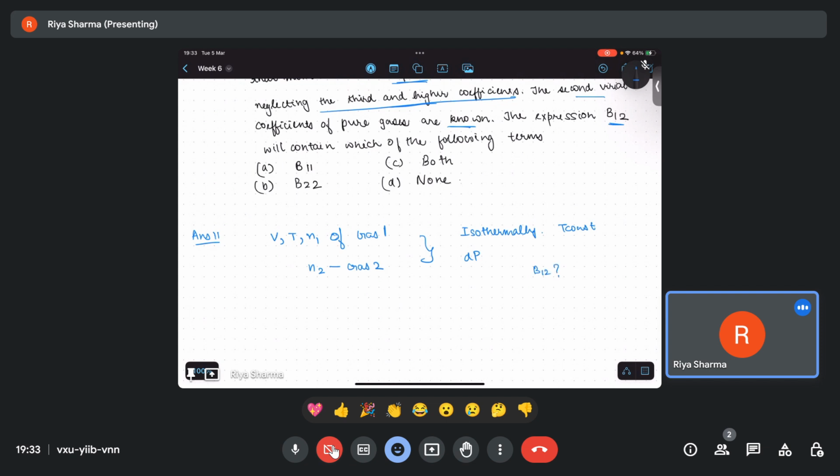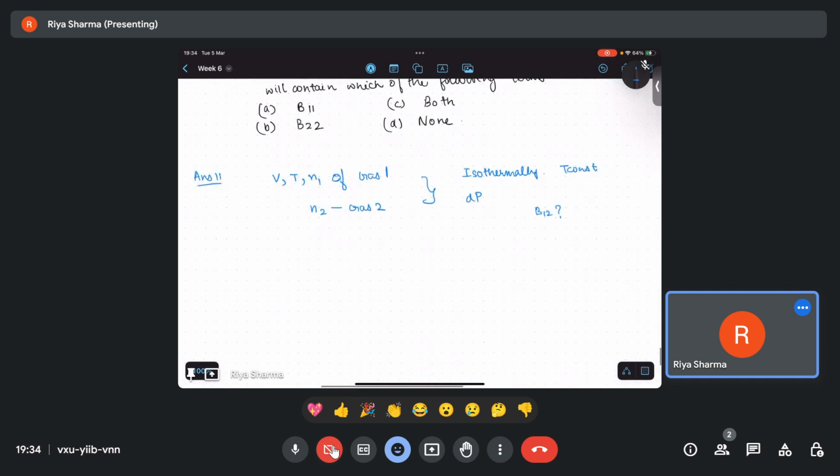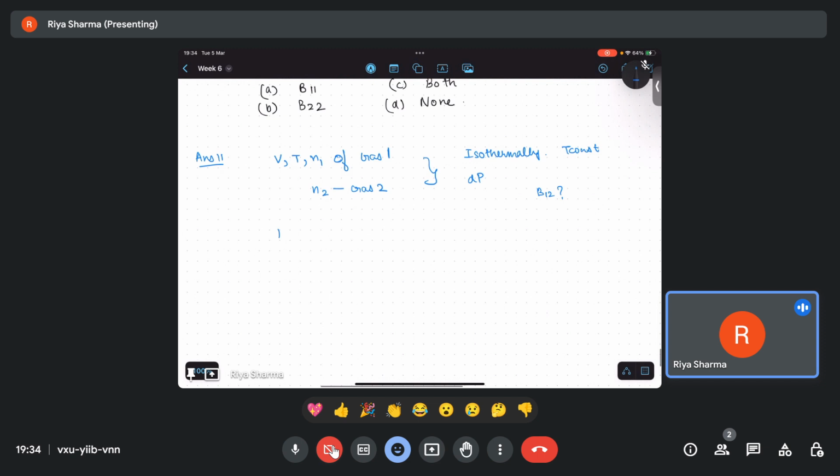Basically what will be B12? To solve this, let the initial pressure be P1 for N1 moles of gas 1 at constant T and V.